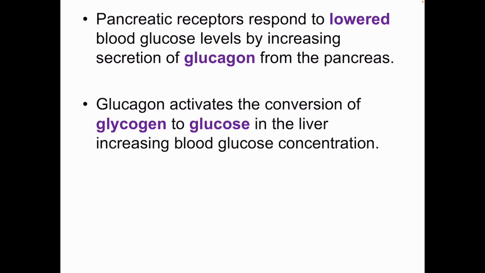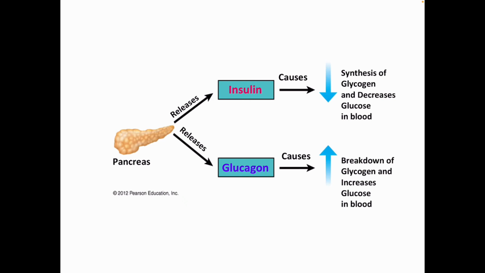If your blood glucose levels fall too low, the pancreatic receptors will detect this. They will increase their secretion of glucagon, and glucagon will stimulate the conversion of glycogen to glucose in the liver, and that will increase the blood glucose concentration. And this diagram just summarises that.